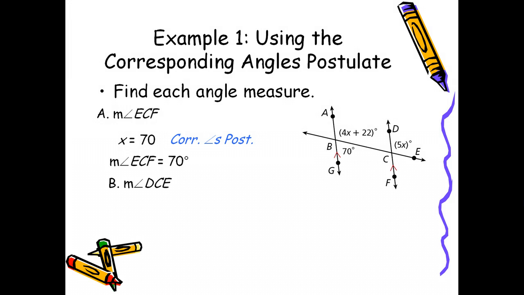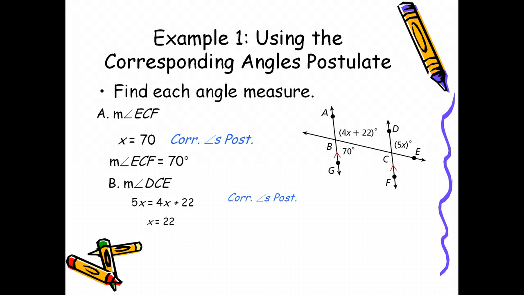To find the measurement of DCE, we need to solve for X. Since they are corresponding angles and the lines that are cut are parallel, we know that 4x plus 22 equals 5x. And that's by the corresponding angles postulate.